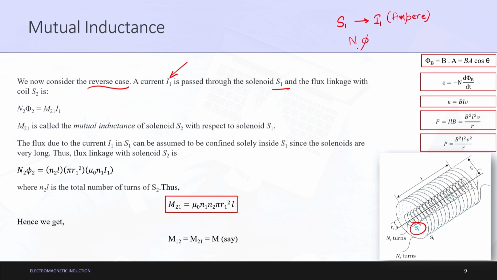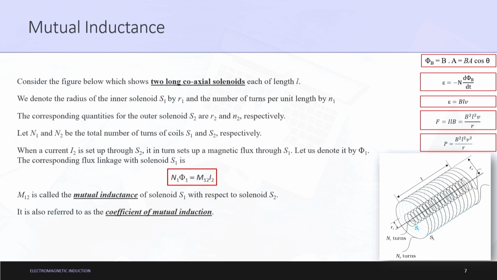So the flux linkage in the second solenoid will be N2 phi 2, and in solenoid S1 it will be N1 phi 1. Please make sure of this concept, a very small but very important concept. Now current I1 is passed through solenoid S1 and the flux linkage with coil S2 is N2 phi 2.